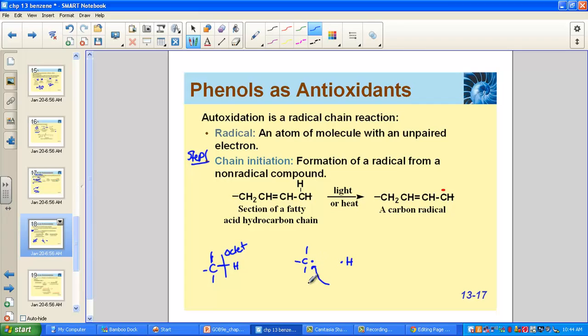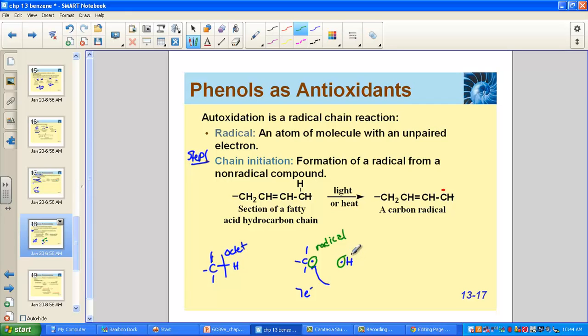This carbon here has 7 electrons total because there's this one unshared electron here. This guy is unpartnered. This indeed makes it a radical. Hydrogen, instead of the 2 it would like to have, it doesn't get an octet, it only needs 2 to become like helium.